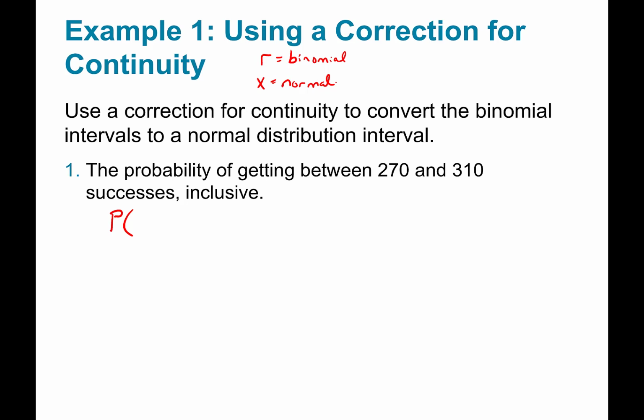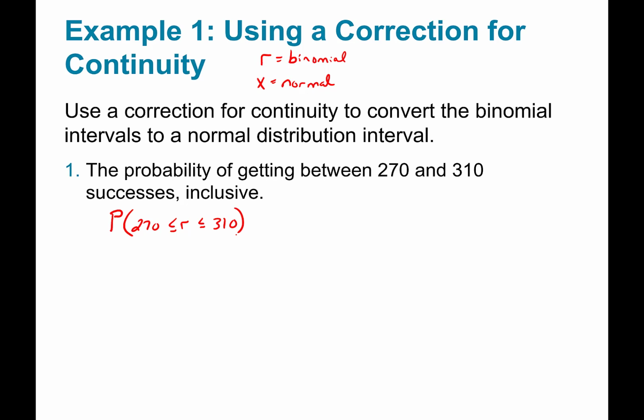If we want the probability of getting between 270 and 310 successes inclusive, then this is the probability that r, because we're in binomial, inclusive means we're including, so we have equality. So r is between 270 and 310, which turns into the probability that 270 is less than or equal to r, less than or equal to 310.